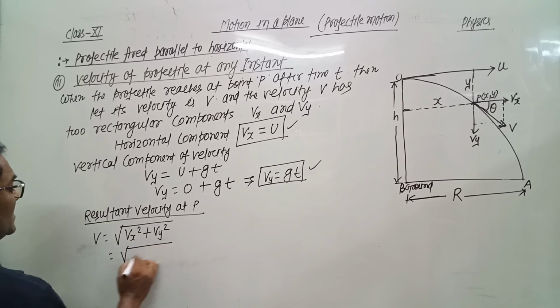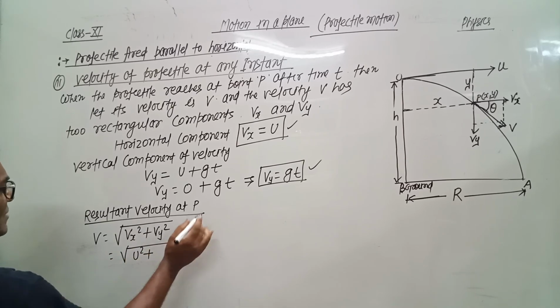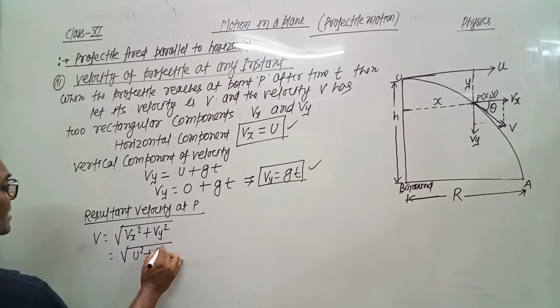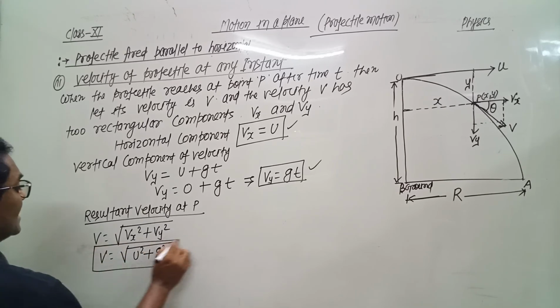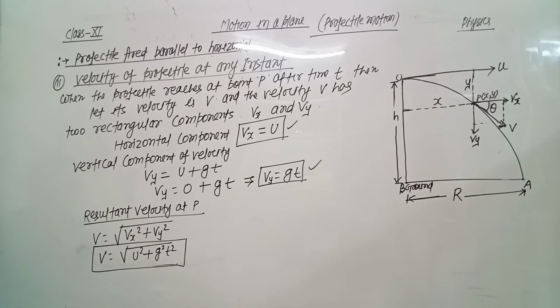The value of Vx is u and the value of Vy is gt. So the resultant velocity at P is V equals root of u square plus g square t square.